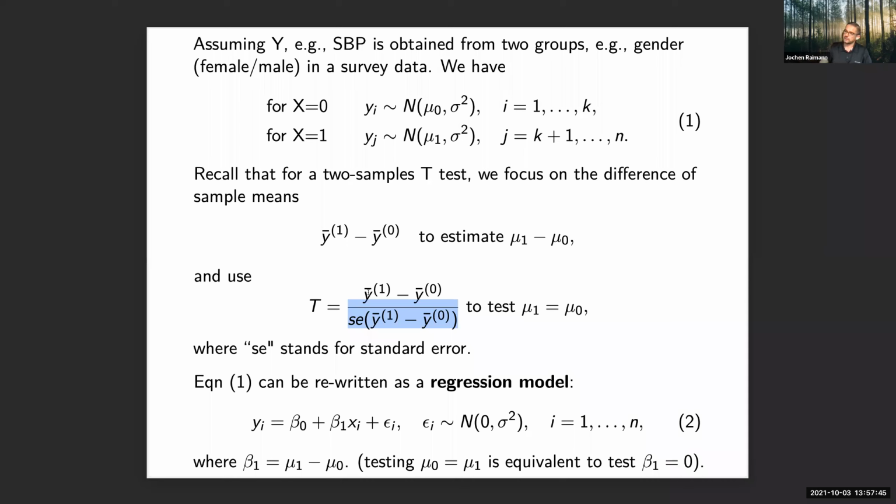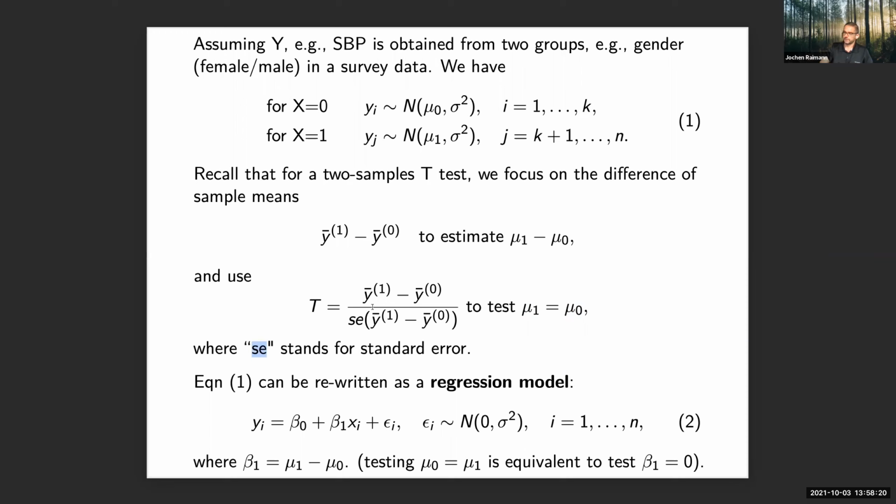You divide the difference between y bar 1 and y bar 0 by the so-called pooled standard deviation, or the pooled standard error, which is calculated in various ways. You have the aliquots according to the sample size, and you're testing the difference between y bar 1 and y bar 0 under the null hypothesis that they are identical, the same.